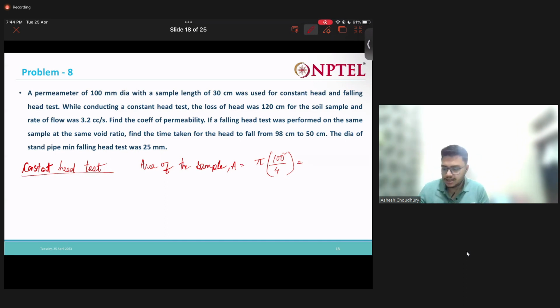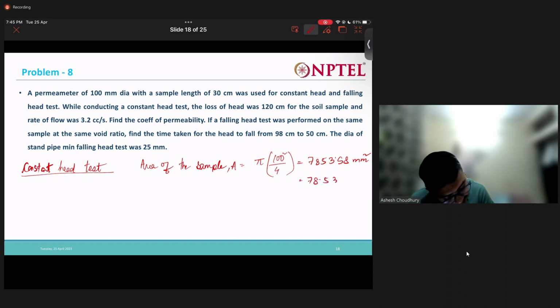So what is the area? Not 72.5, it's 7853 mm square, right? Which is 78.53 centimeters square.